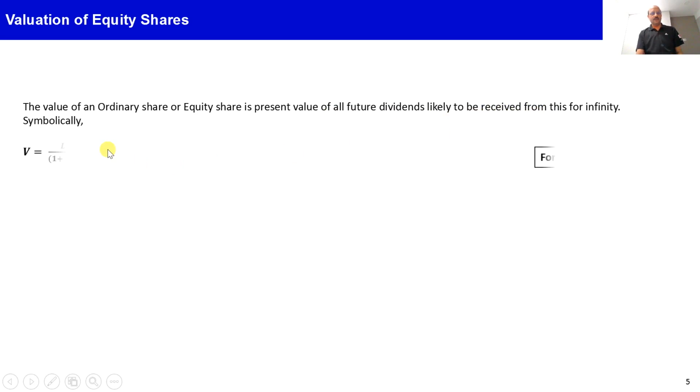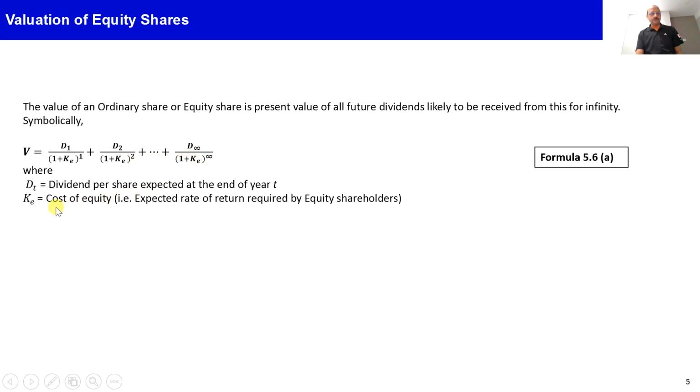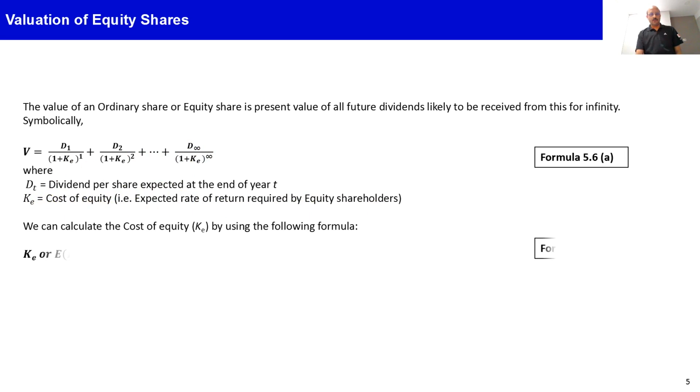So symbolically we can put it like this: dividend for year 1 is discounted by (1 plus ke) raised to power 1, plus dividend for year 2 is discounted by (1 plus ke) raised to power 2, and so on till the infinity period, an indefinite period, where ke is the cost of equity or the required rate of return by the equity shareholders. We will just understand how ke is calculated in a moment.